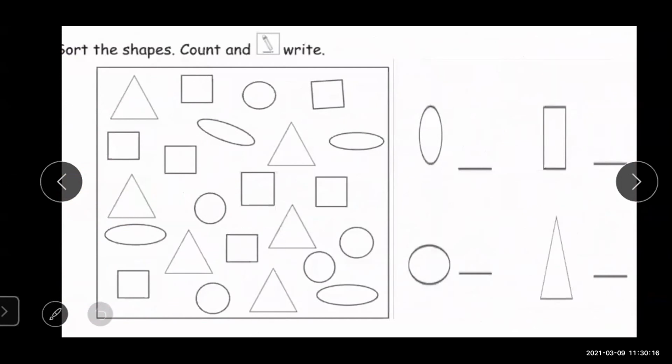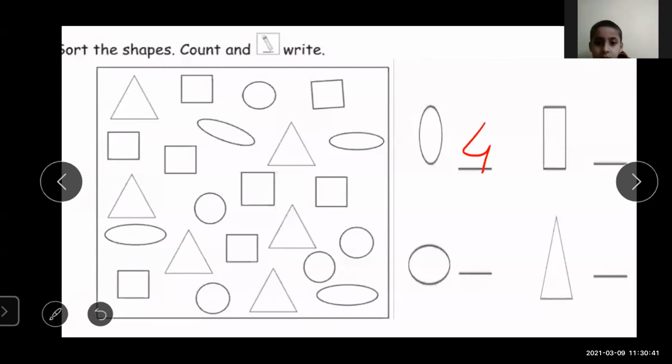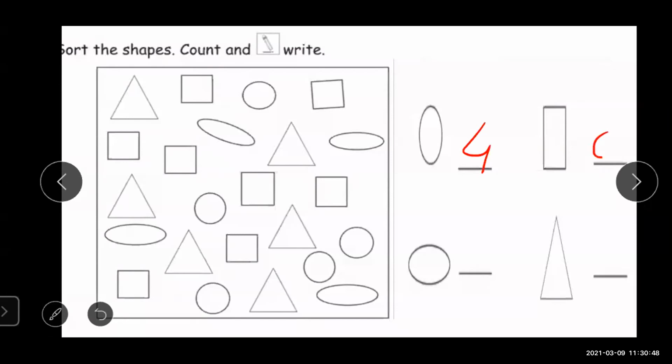Sort the shapes and count by writing. Now you have to identify how many shapes are there. First, they are asking about oval shapes. How many oval shapes are there? 4. Okay, there are 4 oval shapes. Very good. Next, how many rectangles are there? Does it have any rectangles? It has 0.